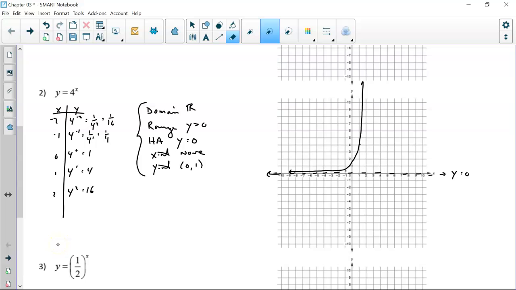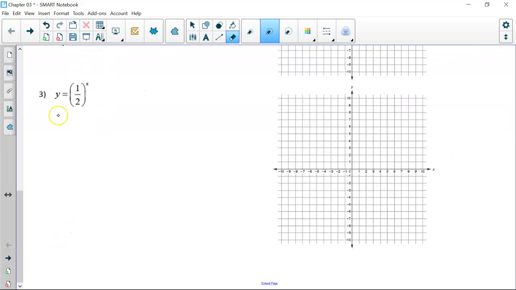Now, for number 3, it's a little bit different because we have a 1/2 in the parentheses. So let's see what happens when we have a fraction less than 1 being raised to the power. So we have -2. So it's 1/2 to the negative second. So we're going to take the reciprocal of everything inside.